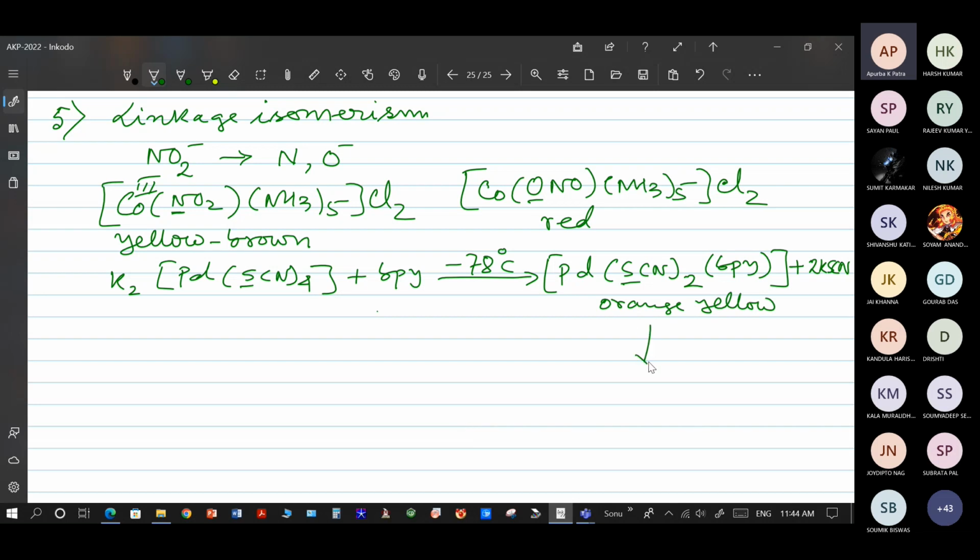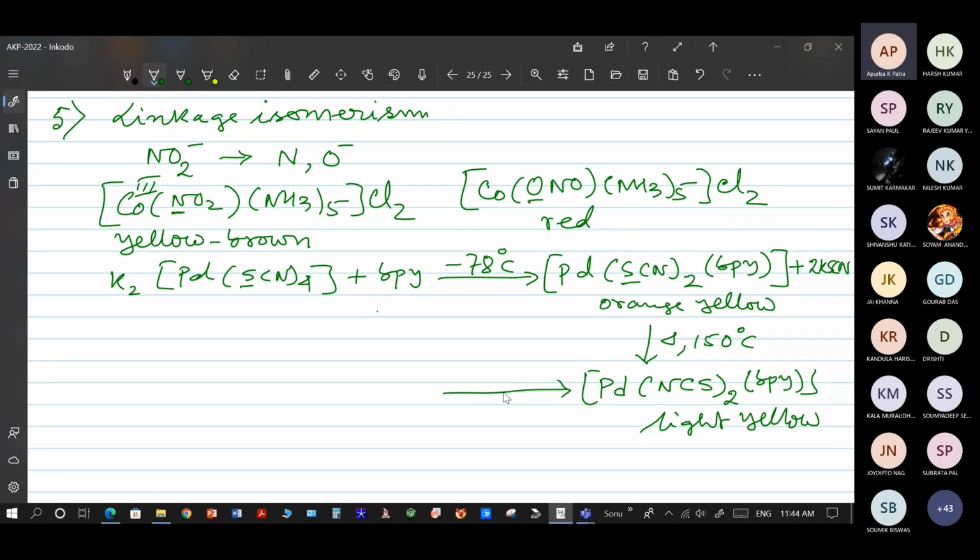Now if you heat this at 150 degrees Celsius, you get a different compound where the ligand donor atoms change in this complex, and this is light yellow in color. You can also make this compound in one shot, not going through the orange yellow isomer.